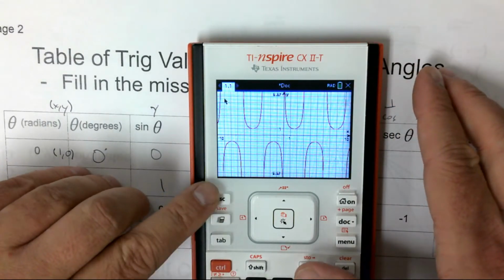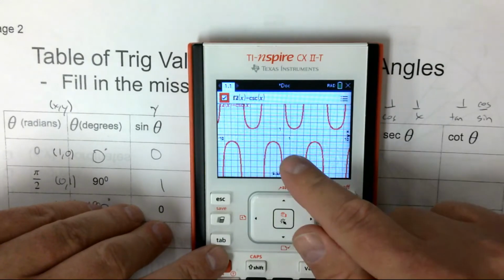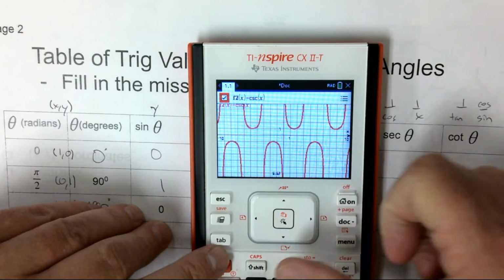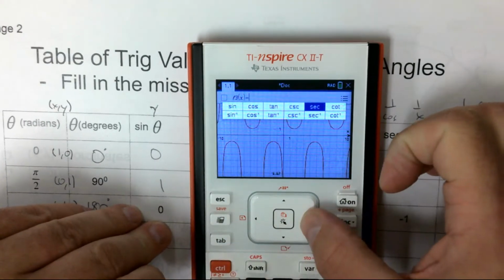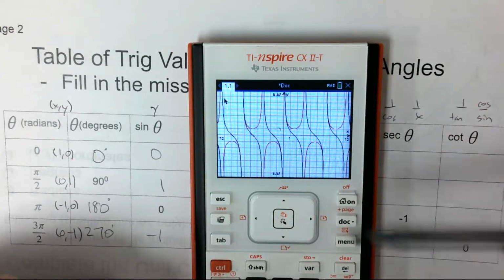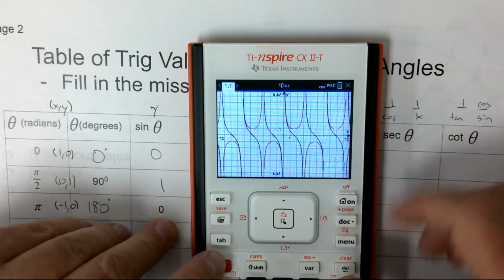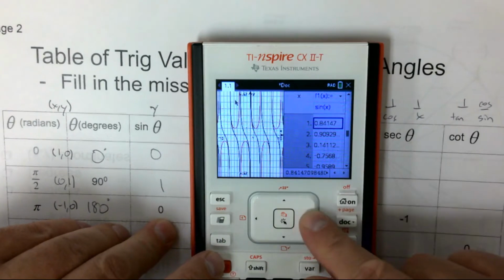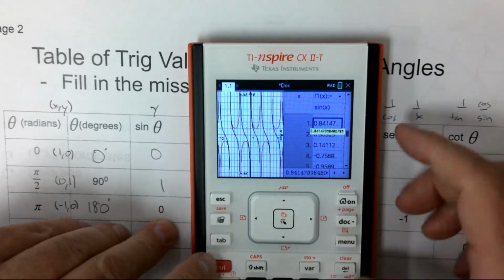Okay. So that's my cosecant. And then we were saying if you do cotangent of x, you're going to have the same asymptotes. Oh, I forgot that it removed my settings.